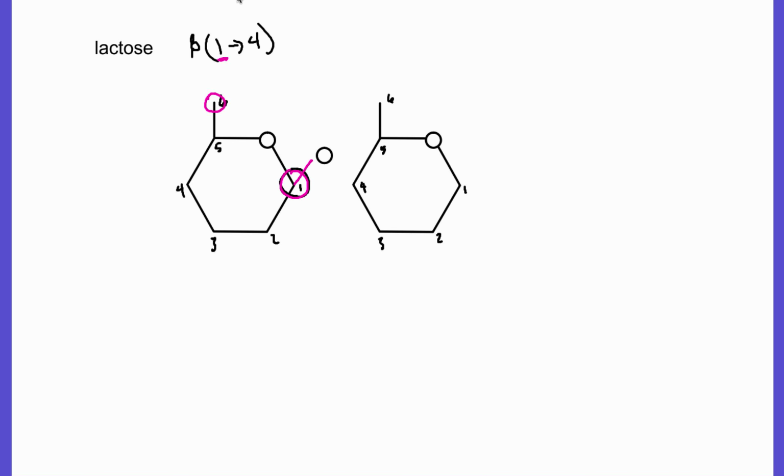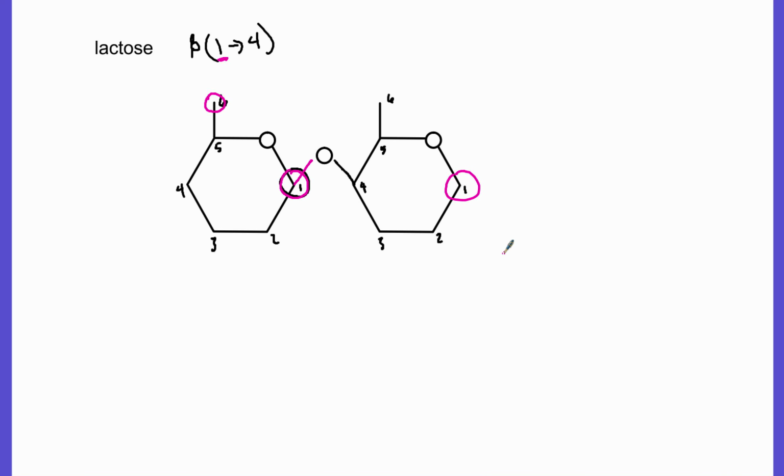Whereas on this other side, where I'm connecting from this oxygen to the 4, that's where the 4 comes from in this picture. But that bond doesn't actually matter as much, whether it would be alpha or beta, because number 4 is not an anomeric carbon. The anomeric carbon on that ring is over here, and it's not even involved in my glycosidic bond, or my acetal.